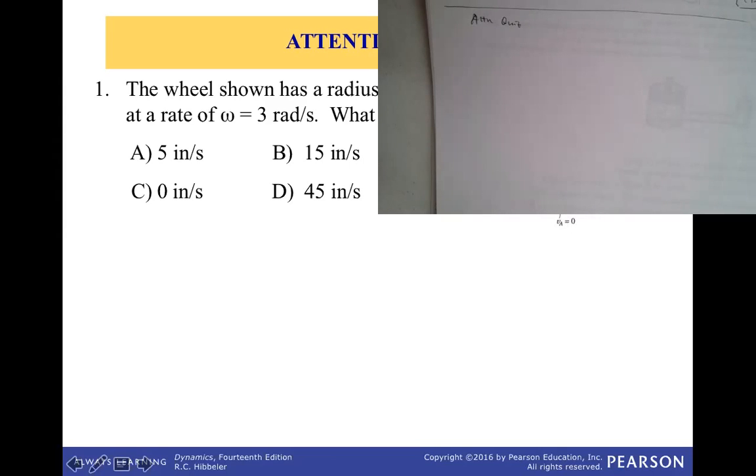Then any point on the wheel should be rotating with respect to it. The radius is 15, and we are looking for the velocity at point B, which is over here.